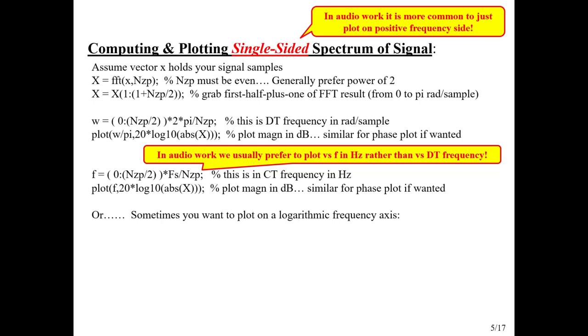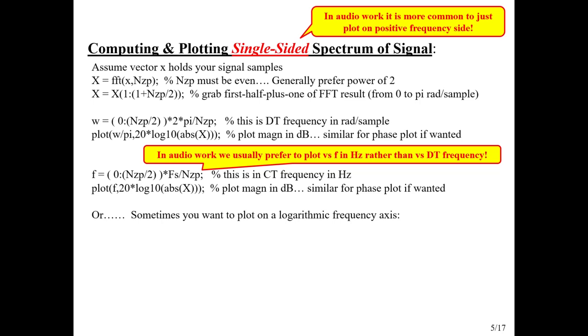We can't show f equal to 0 on a log frequency axis. So we just need to plot down far enough that makes sense. A common error I see is for students to make this plot go down to like 0.1 hertz or something like that. Unless you have a real reason to do that, you probably shouldn't go down that far.